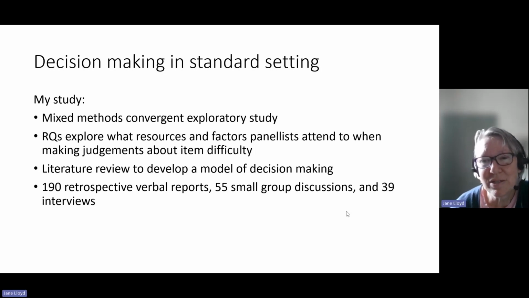This enabled me to develop a model of decision making and identify themes and aspects for further investigation. I'm focusing today on the qualitative data I collected from 3 standard setting panels. And this consisted of retrospective reports, small group discussions, and semi-structured interviews.